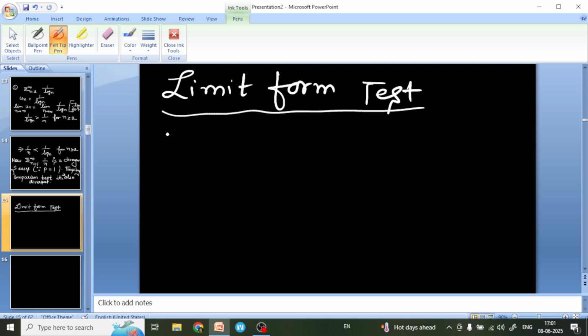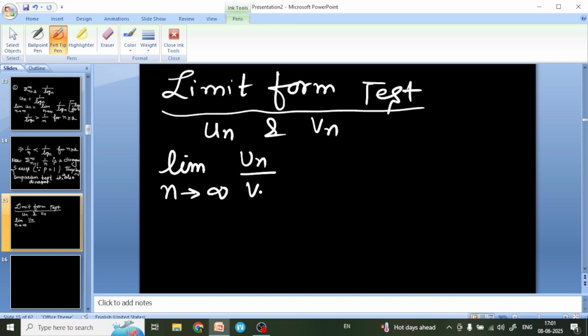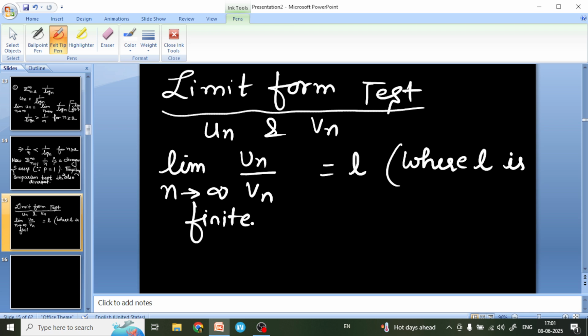In the limit form test, we will take two positive term series u_n and v_n, and taking the limit, we write limit n tends to infinity u_n over v_n equal to L, where L is a finite and non-zero number.